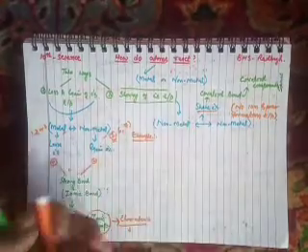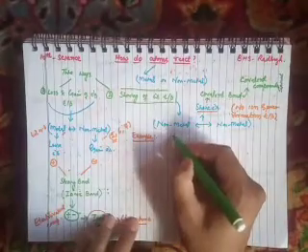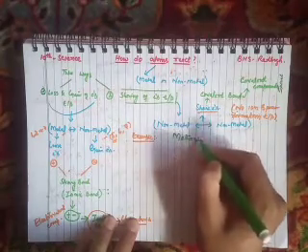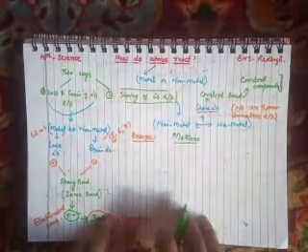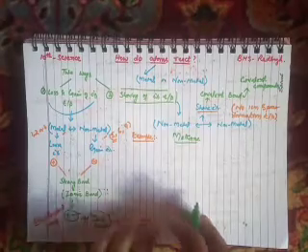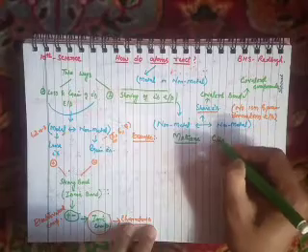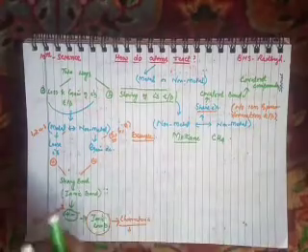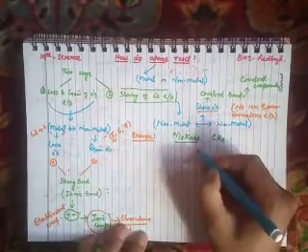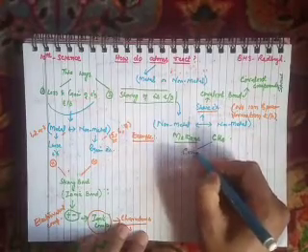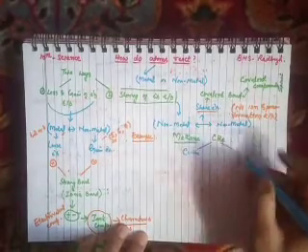So coming to an example, dear students, let's discuss the formation of methane. So the formula is CH4. If I write here, this is the carbon and this is the hydrogen.